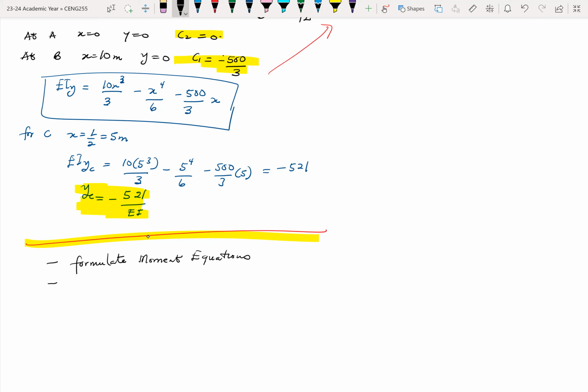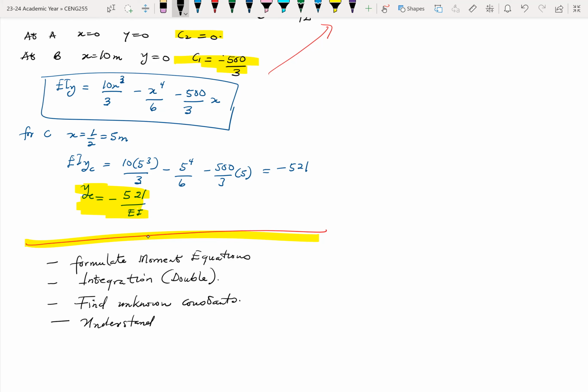Then when you formulate the equations, we need to know how to do integration. In this case, we are looking at double integration. Then also find constants, so find unknown constants. And this will require us to understand boundary conditions.